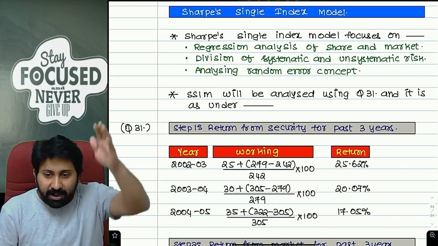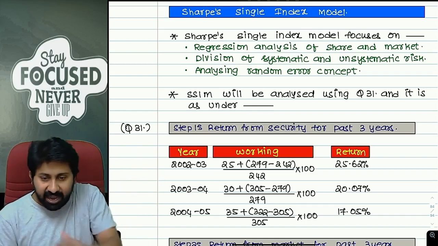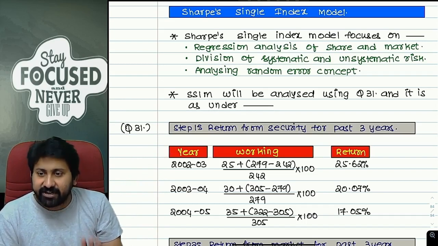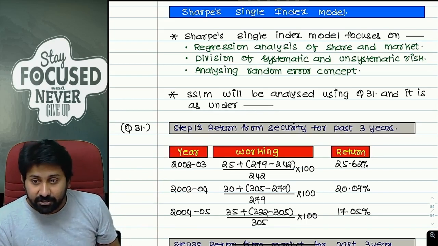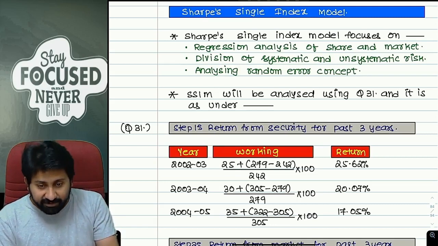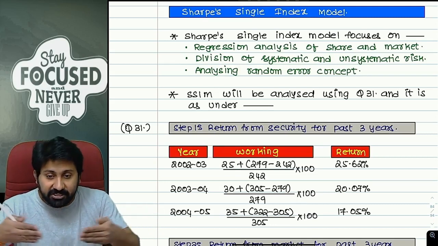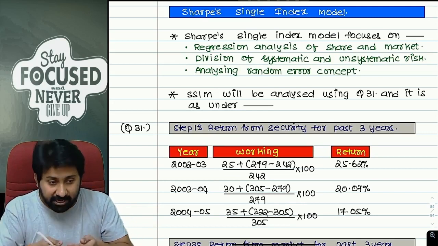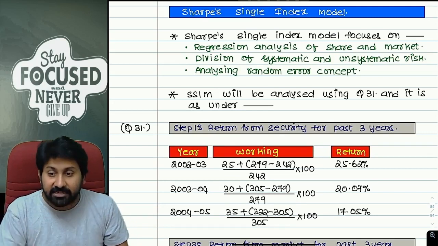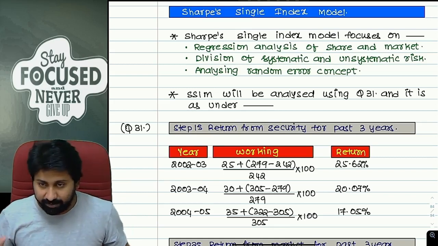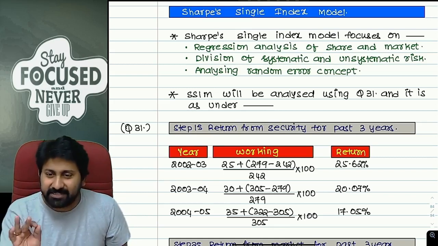For example, past data is given, we will make an average and we will expect that average to continue in future, but is that average guaranteed or unguaranteed? Unguaranteed. Therefore we will calculate the standard deviation and all these things. We will compare our company share with the market, and analyze how the market is going to impact my company's share. Clear? Now, this is a basic introduction.